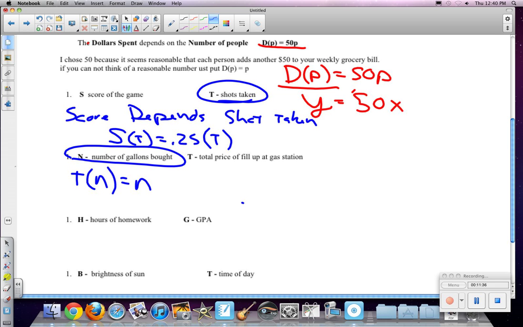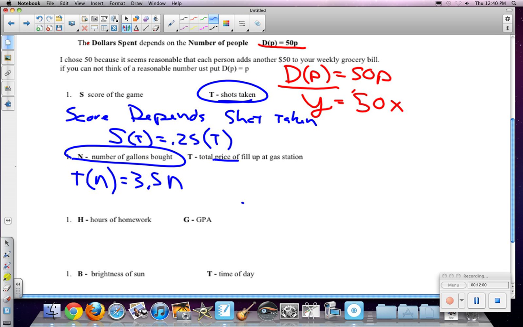My Honda Odyssey is 16. So I said 16N. Now price. What are the units of price? Money, right? Right now it would be like 3.50 per gallon.